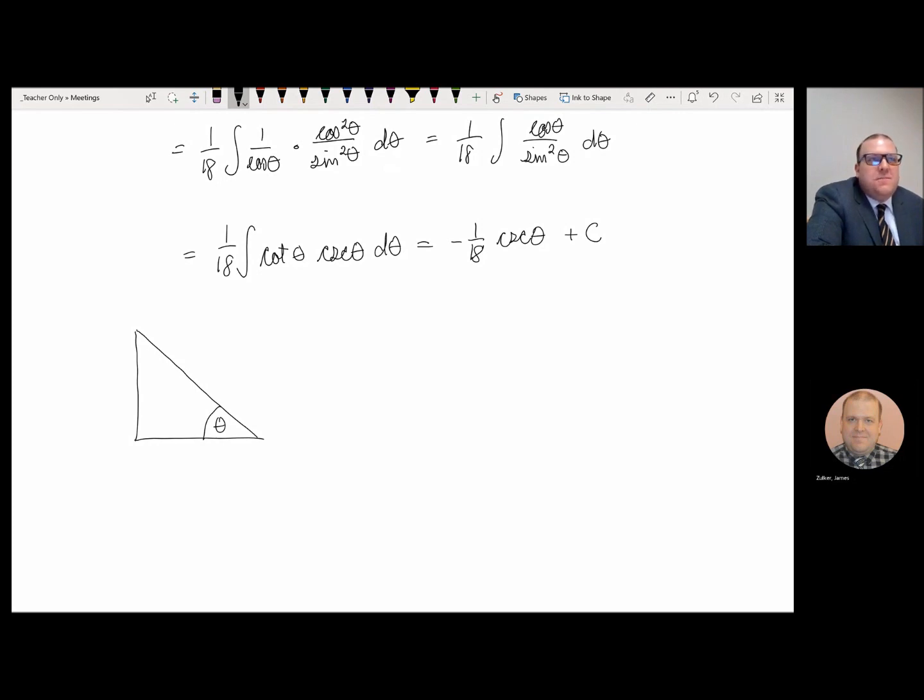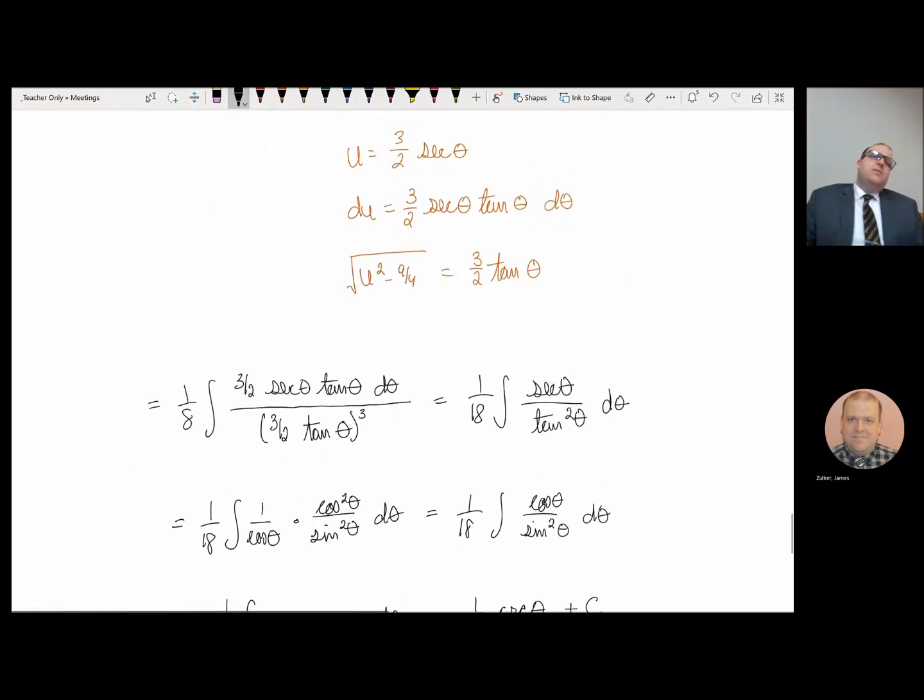Let's say that's theta. Secant theta is 2/3 u. In right triangle trigonometry, how is secant of theta defined?